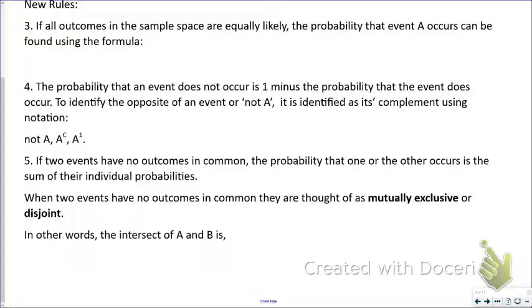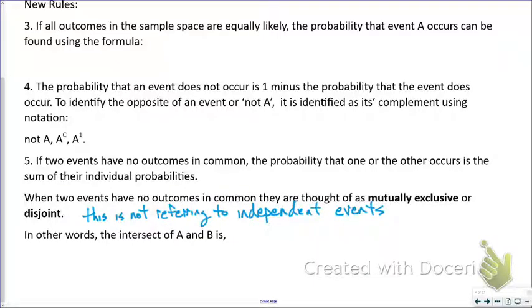On number 5 here, this doesn't look that confusing, but when we introduce independence next week, it gets confusing. So this is not referring to independence, or let's say independent events. Totally different concept. It's very annoying because the words sound similar, like they are synonymous, but they are not.